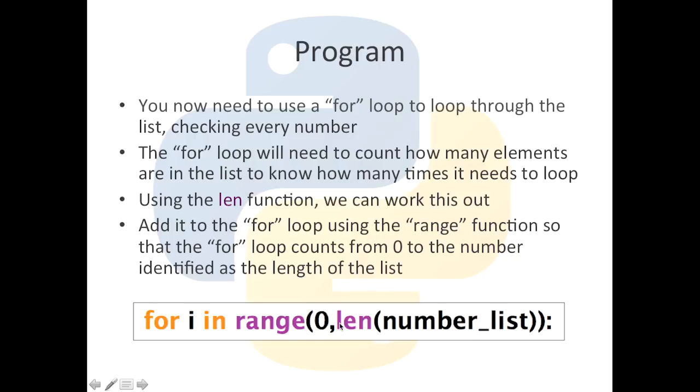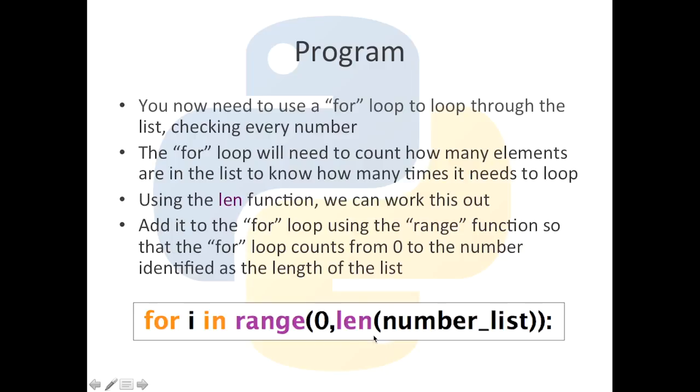And in our example there are 5 numbers in the list, so therefore this value will be 5 when the program is run. So it will say for i in range 0 to 5, the length of the list, and i being every element in that list. So the 0 element, first element, second element, third element, and fourth element.